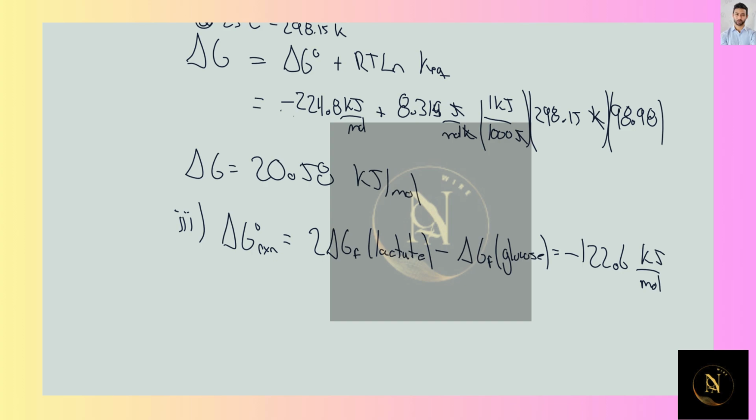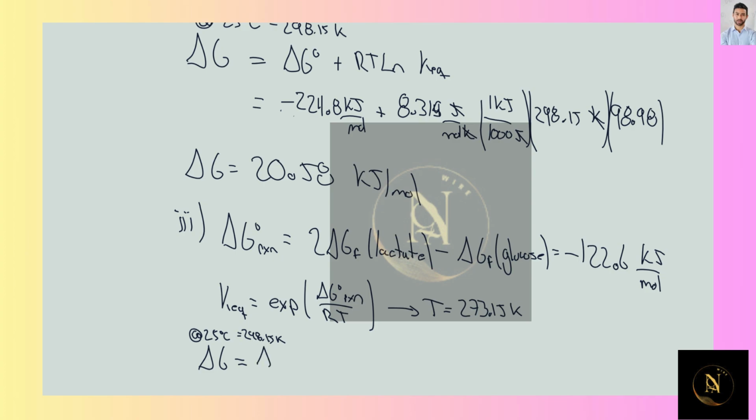From here, you can follow the same procedure where you calculate the equilibrium constant as the exponential of minus delta G naught of reaction divided by RT. In this case, you calculate using 273.15 Kelvin, and then you calculate delta G at 25 degrees Celsius, which is 298.15 Kelvin, using delta G naught plus RT logarithm of your equilibrium constant.